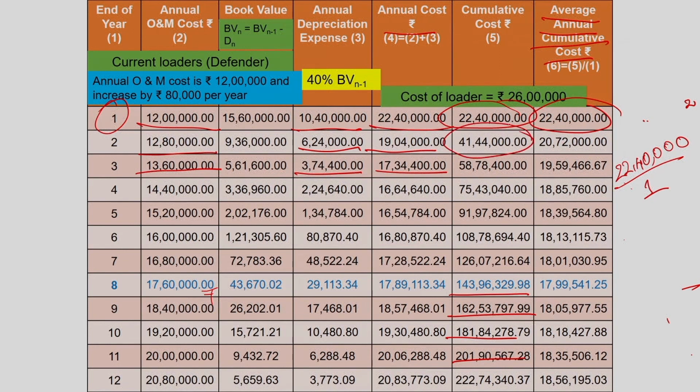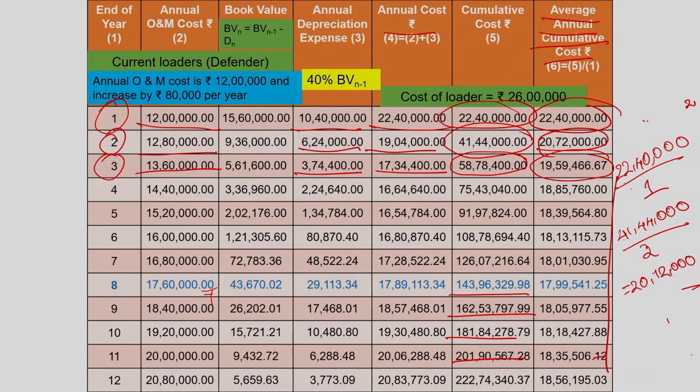Similarly, for the second year, the cumulative cost is 41 lakh 44,000 divided by the cumulative usage, the number of years, which is 2. That gives you the average annual cost of 20 lakh 72,000. Similarly, you divide the cumulative cost 58 lakh 78,400 by the number of years 3, that gives you 19 lakh 59,466.67.